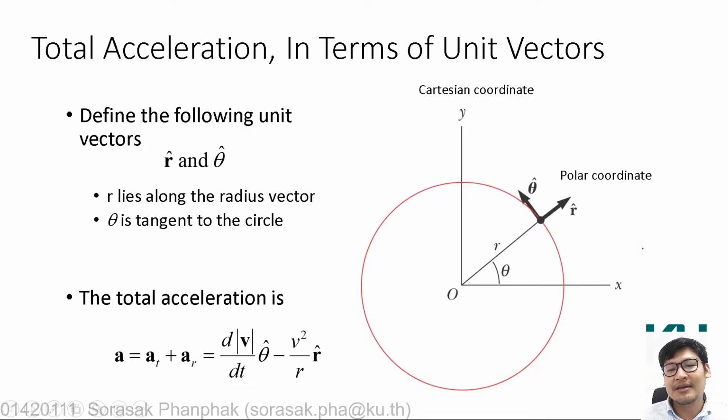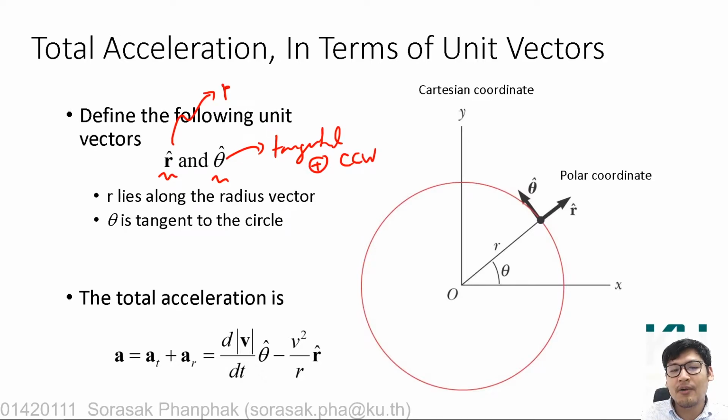Now we defined the direction, or the unit vectors, r hat and theta hat, where theta hat points toward the tangential direction. We use a plus sign if it's counterclockwise, and r hat points out of the center, so it's going to be a plus sign for that.